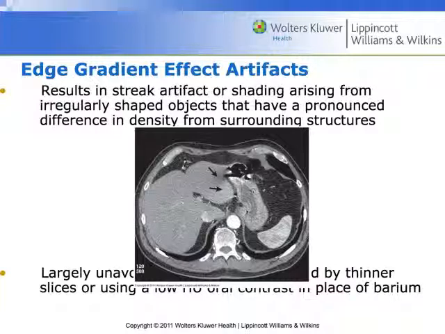So what the CT scanner will do is actually project some of the air from the stomach into the area of the liver. As it sampled that, it had a difficult time seeing where the edge was between the stomach and the liver. So it's like a streaking artifact, and we just see it kind of a gradient over there.